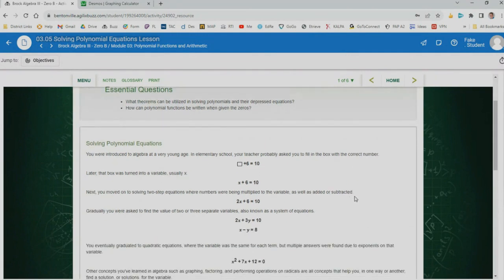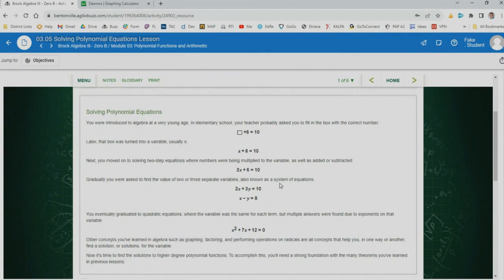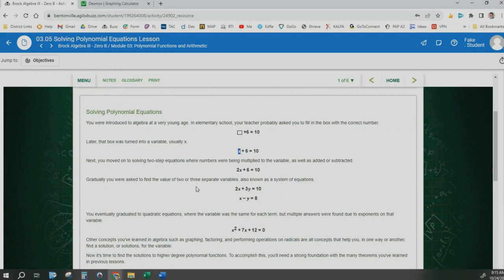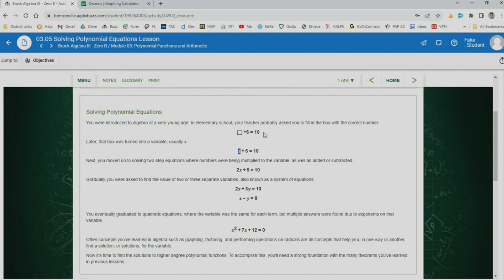So you've actually been doing algebra forever, at a very young age. You just didn't realize it. Like in elementary school, you probably had something like this: blank plus 6 equals 10. Well, that was algebra. It was just later on, we gave the blank a name and called it X. So you've always dealt with algebra ever since you were doing blank plus 6 equals 10.